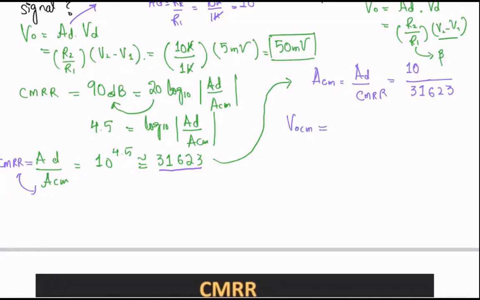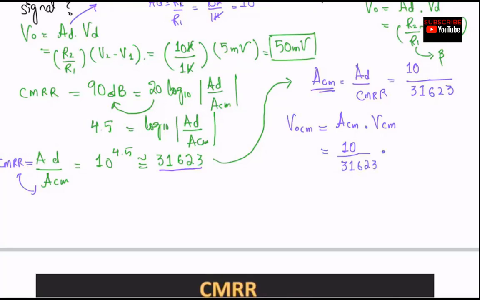And then what is my common mode output voltage? Well, that is a product of ACM, the common mode gain, times VCM, the common mode voltage. So here for ACM, I'm just going to put this whole value: 10 divided by 31623, times VCM.